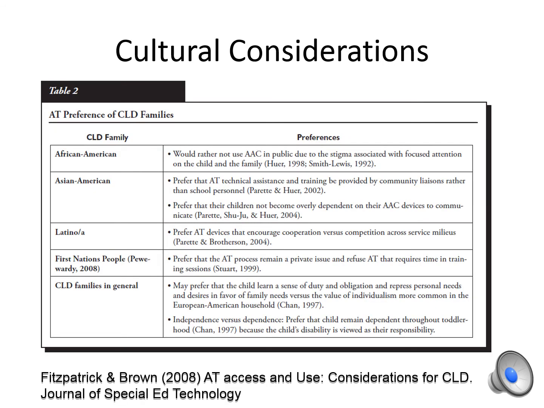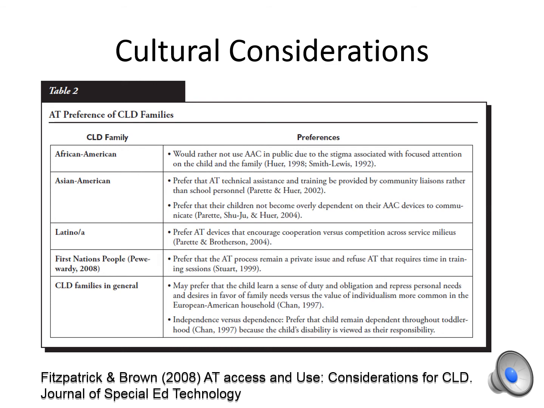So there are some really important cultural considerations for us to think about when we're choosing symbols and choosing assistive technology in general. This is an article by Fitzpatrick and Brown.